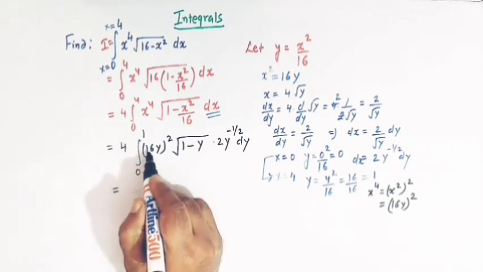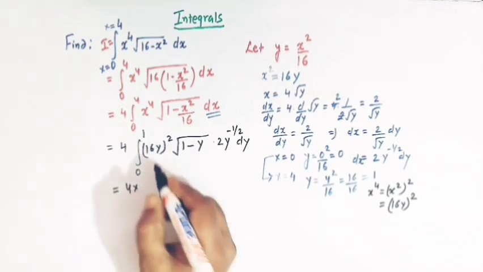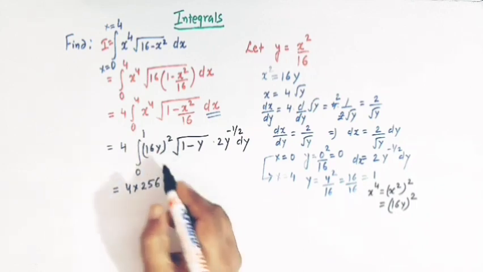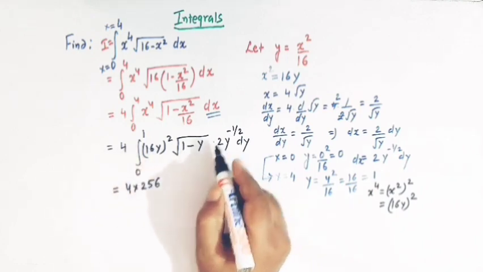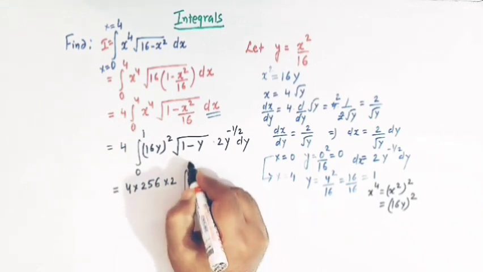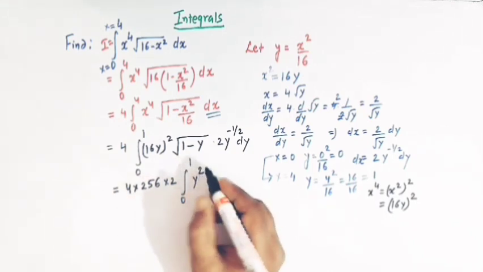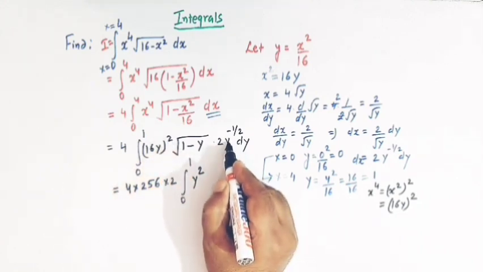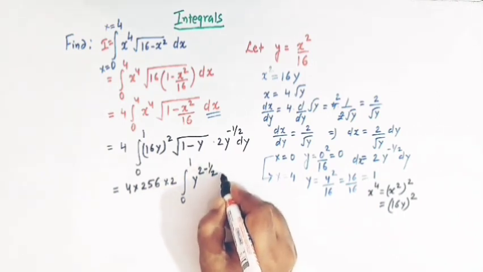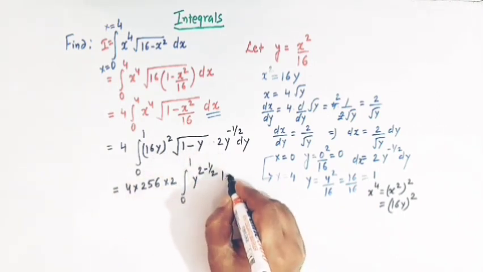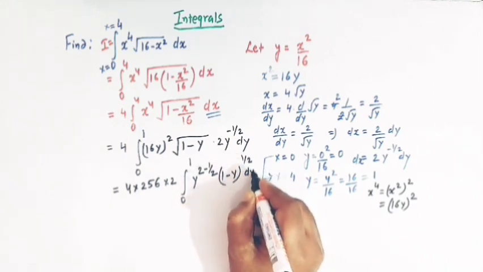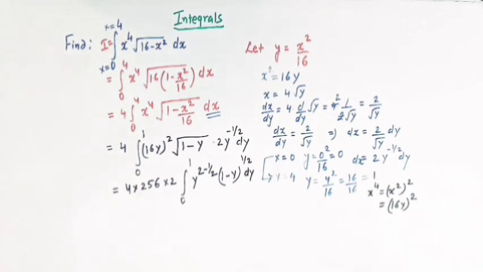Okay, now see, here we have 16 squared. So 16 squared is 256. So we can write 256 outside the integral sign, and we can also take this 2 outside the integral, and now we have 0 to 1, and here we have y squared and y raised to minus half, and then the square root of 1 minus y can be written as 1 minus y raised to half, and here we have dy, right?